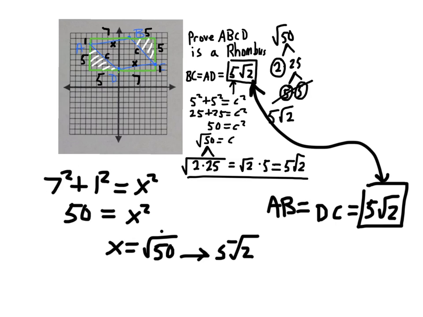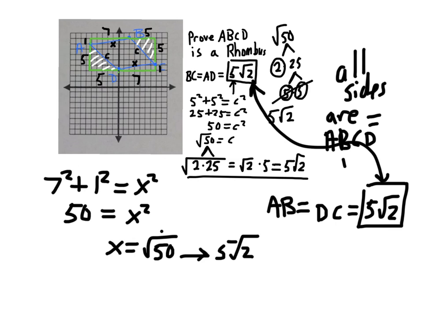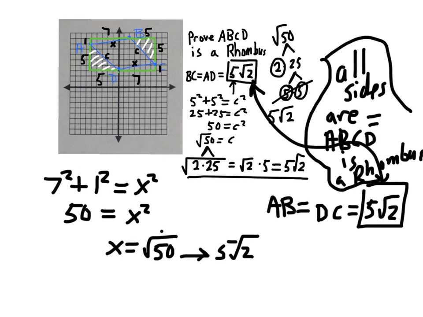So since this is true, since all sides are equal, it is a rhombus. And this work's really not complete unless you actually use some words to explain what you just figured out.